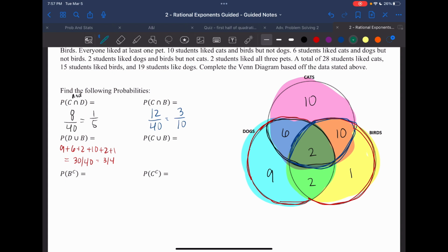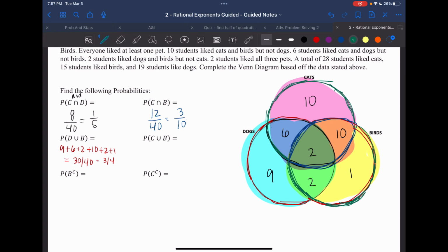Now let's go ahead and do cats or birds. Similarly to the last one, we're going to look at the circles of cats and birds. So everything that touches those. So basically everything but the 9. So you can also think of it that way.